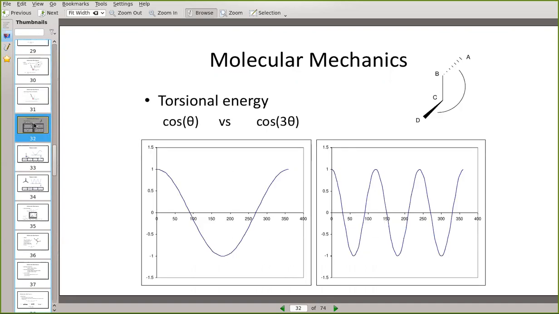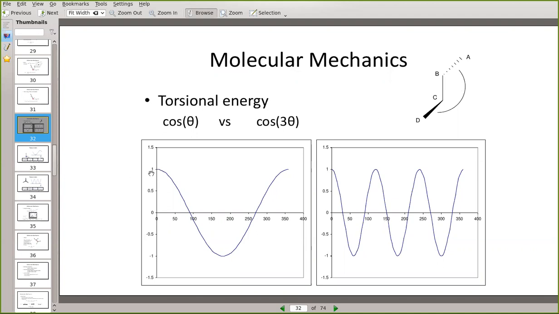I just want you to be aware that the torsion is tricky, and we can't just use an x squared type of arrangement to calculate the torsional energy, because in different situations you might need the energy to go up many times as you circle, or fewer times. Imagine something like an amide bond, where things change as you rotate through 360 degrees.